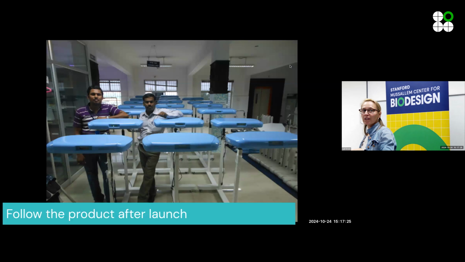So a big lesson we learned very quickly is follow the product after launch. In the Philippines, it was very interesting too, because we ended up having 3 different distributors based on regional markets, and we made deals with them. We gave a little bit more margin, but in exchange for exclusivity, you also have to send us back the hospital data that we want so we can estimate our impact and understand.